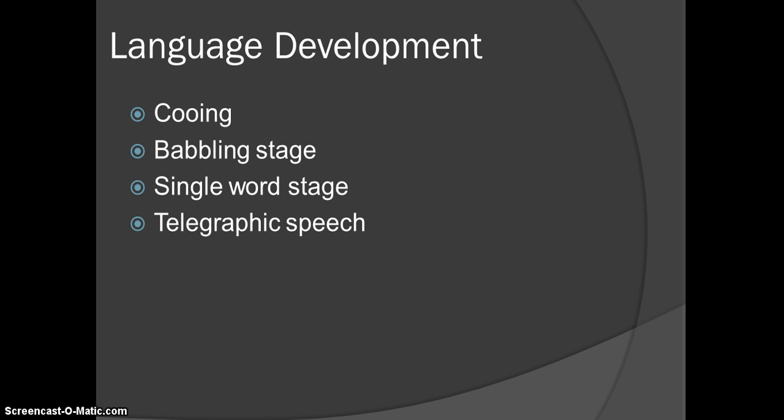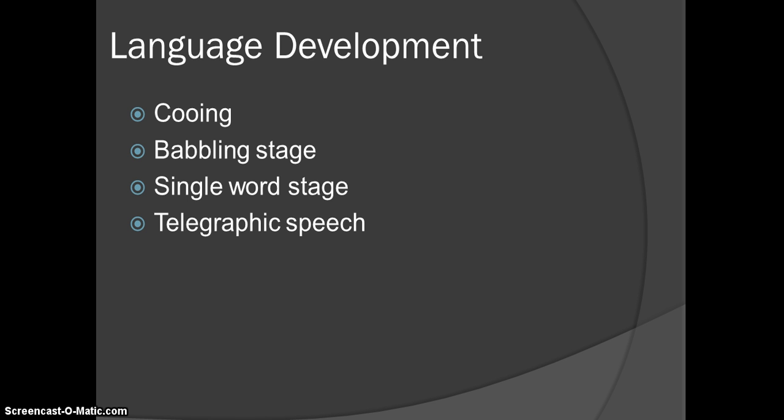The first stage is cooing, and it's the repetition of vowel sounds such as O or A. Then the next stage is the babbling stage, and it's basically taking the consonants B, D, M, and G, and combining them with different vowel sounds to produce meaningless language sounds.